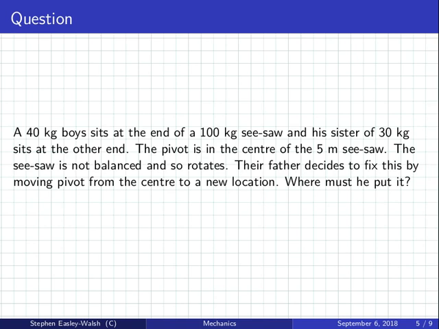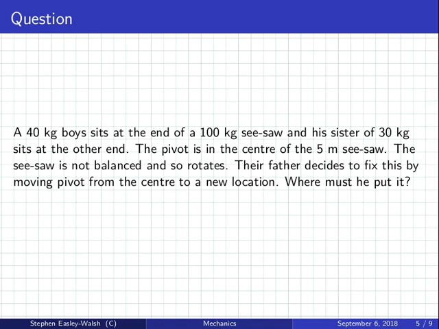And the seesaw is not balanced because who's heavier? The boy is heavier. So what will happen? He'll go down and she'll go up. So the father must move the pivot somewhere so that it's now balanced. Now I just want you to draw the picture and I'll do it.